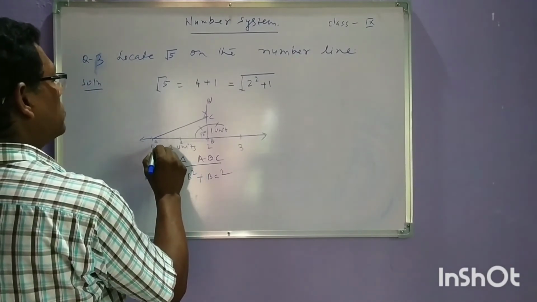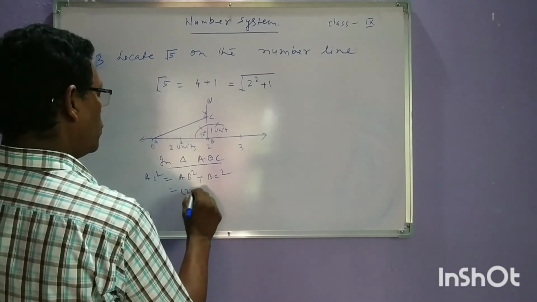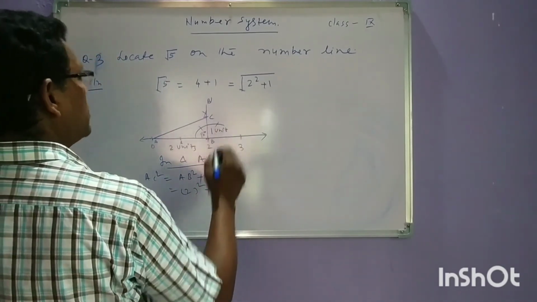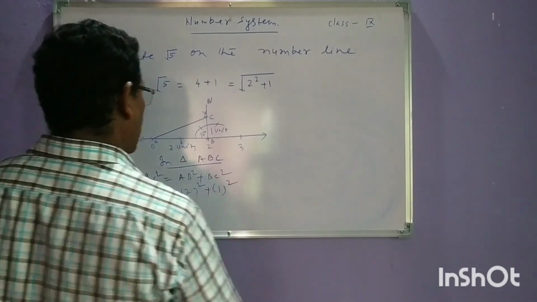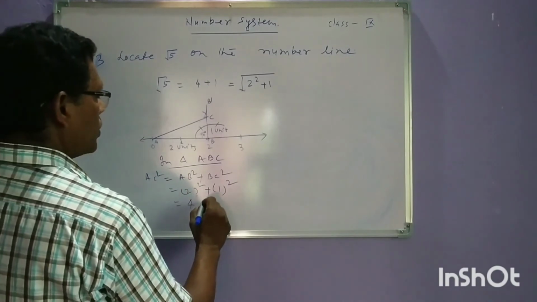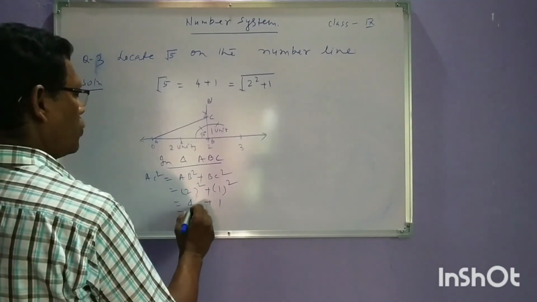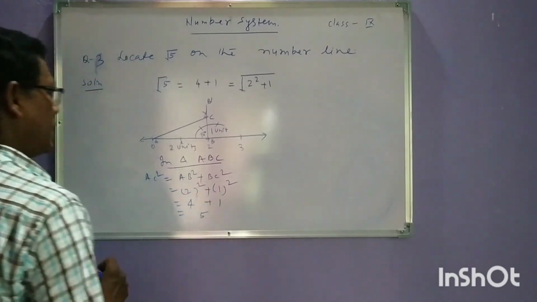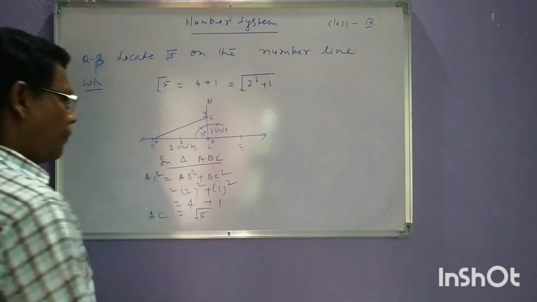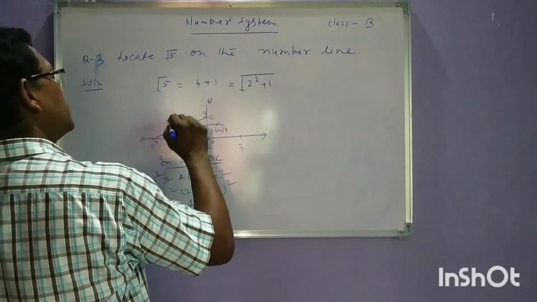AB is what? From A to B, we have taken 2 units, so 2 whole square. And BC is what? 1 unit, so 1 square. This is 2 square, 4, and 1 square, 1. So 4 plus 1 gives 5. Therefore, AC equal to under root 5. So this length AC is root 5.